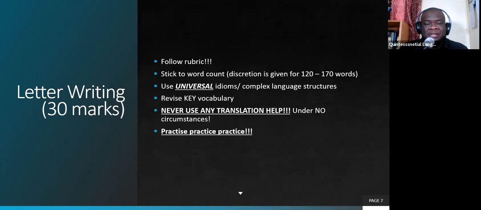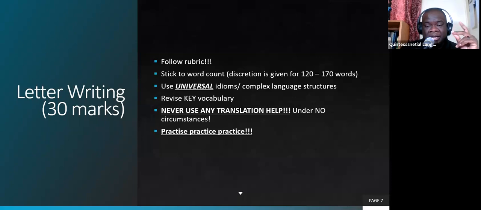As I said, of course, it's not something that is publicized, but it is something that is public. So you can download the syllabus for yourself. You can go and take a read of the subject reports, and you will see this information there that they allow between 120 to 170 words, which is 10 words less than the word limit given on the exam paper and 20 words more. So don't stress yourself over that too much. So that is meeting the word count, one thing to keep in mind.